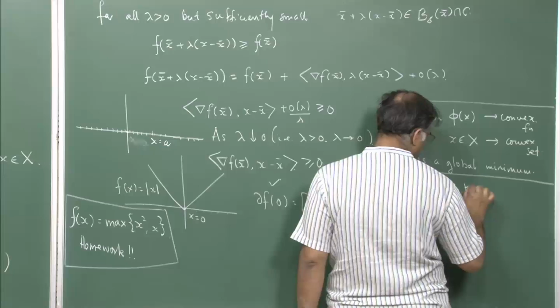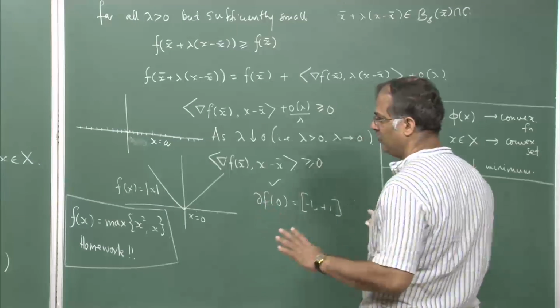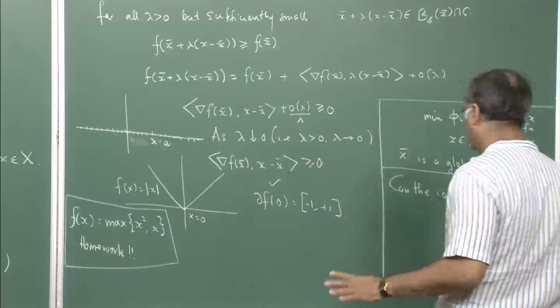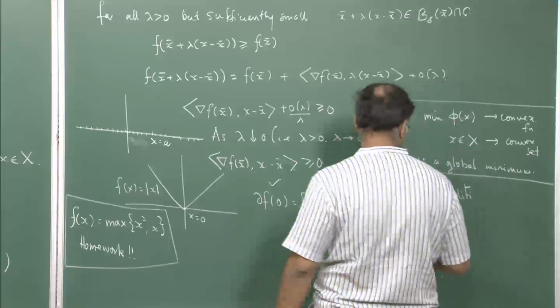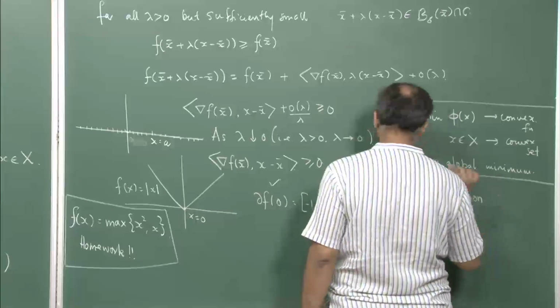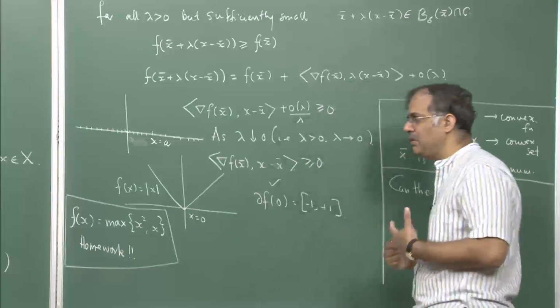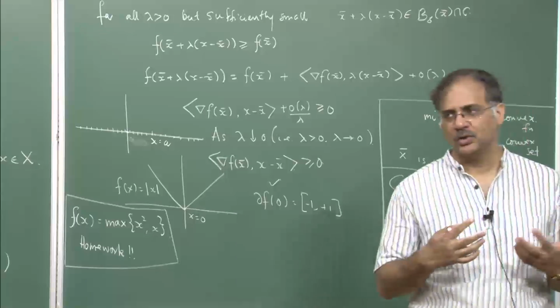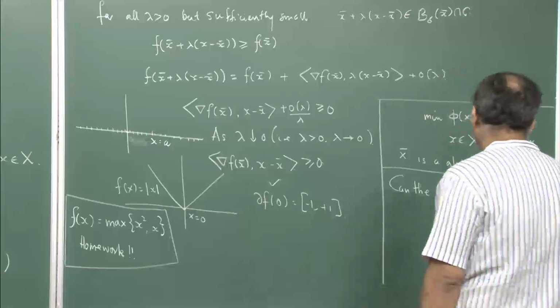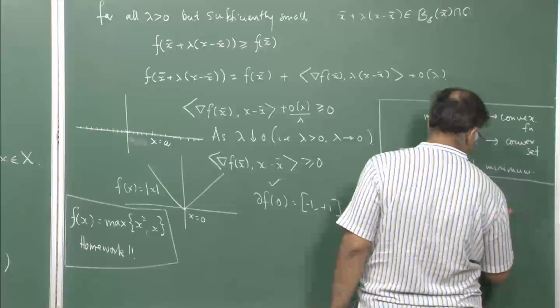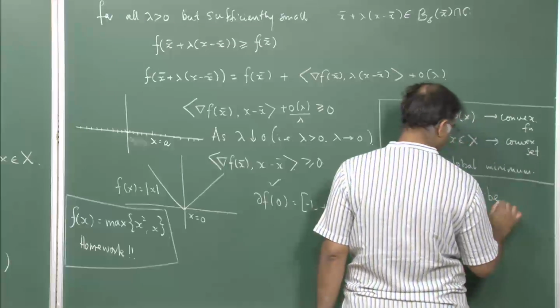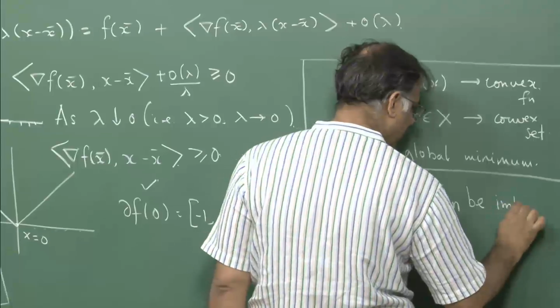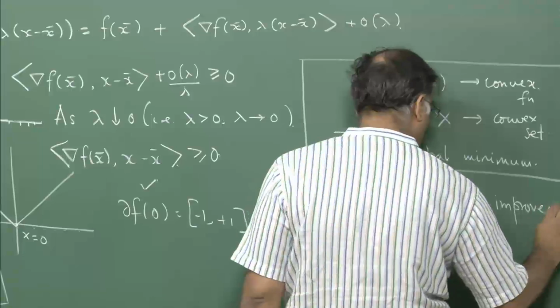If we can do this, this will be enough convex non-differentiable convexity for us, then we will go on to the more standard things. See, our aim now is to tell you about some algorithms for the unconstrained case. Can the condition be improved? Means, can I have only one xi which will work for all x?